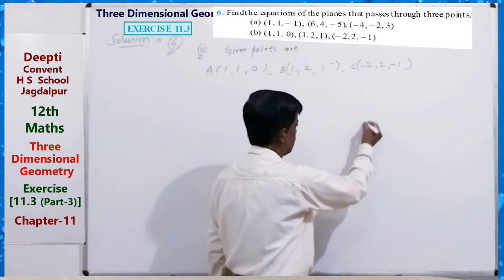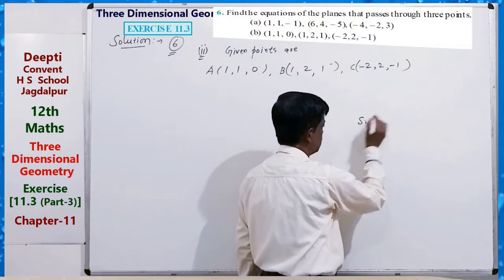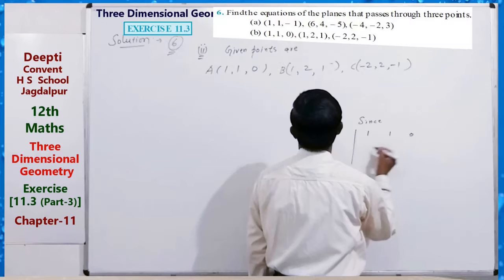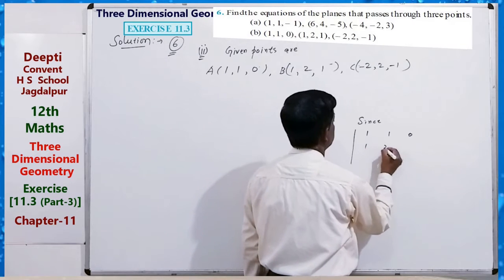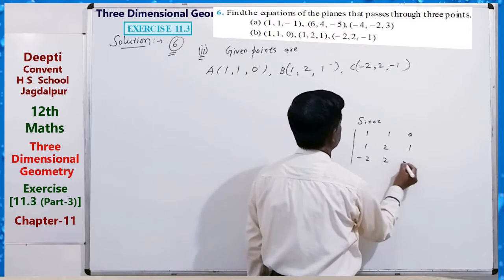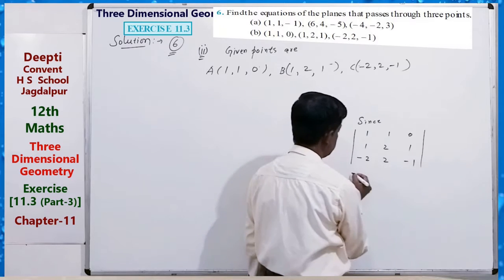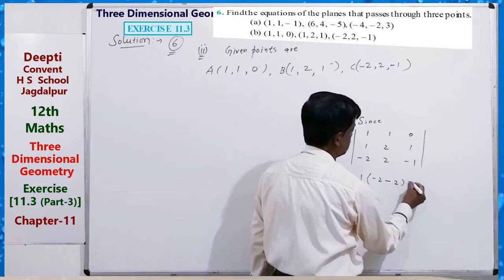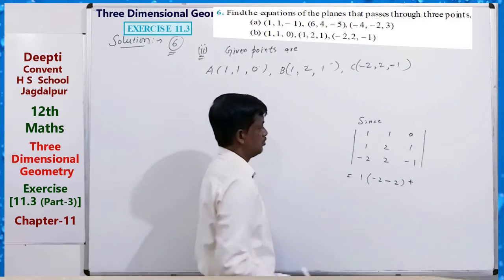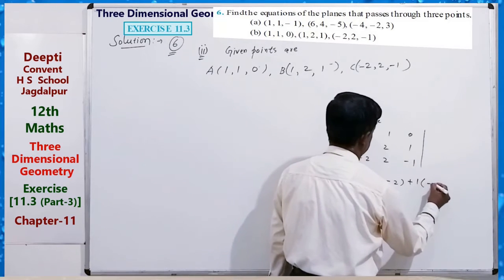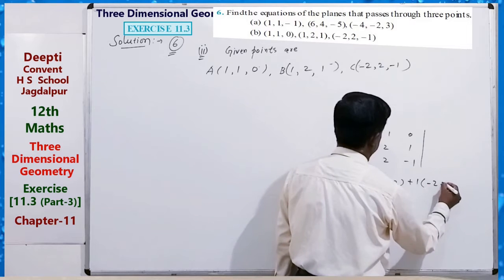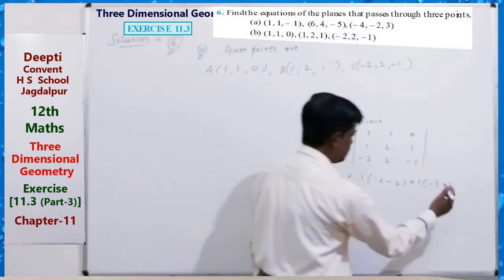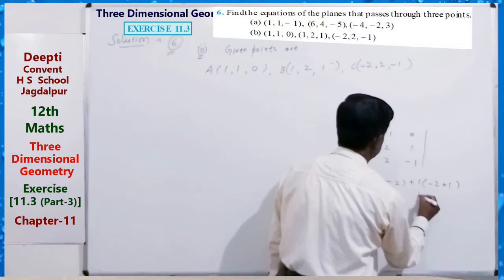Now also check the determinant: 1, 1, 0; 1, 2, 1; minus 2, 2, minus 1. Just solve it: 1 into minus 2 plus 2, plus 1 into minus 1 plus 2, and plus 0.